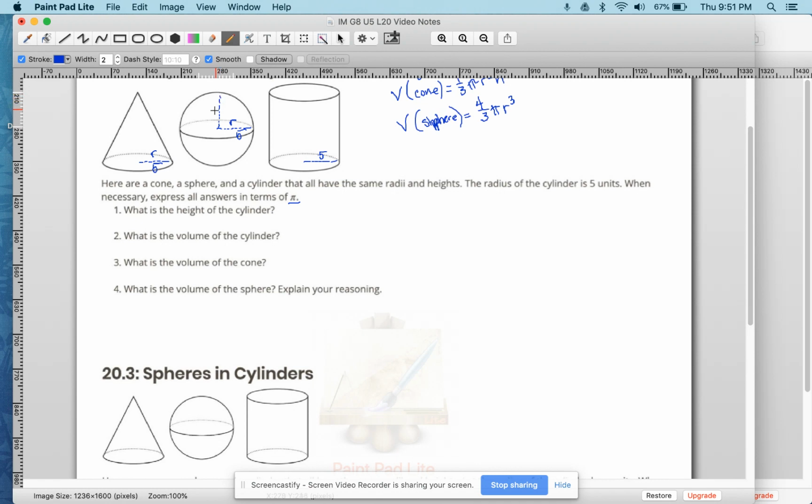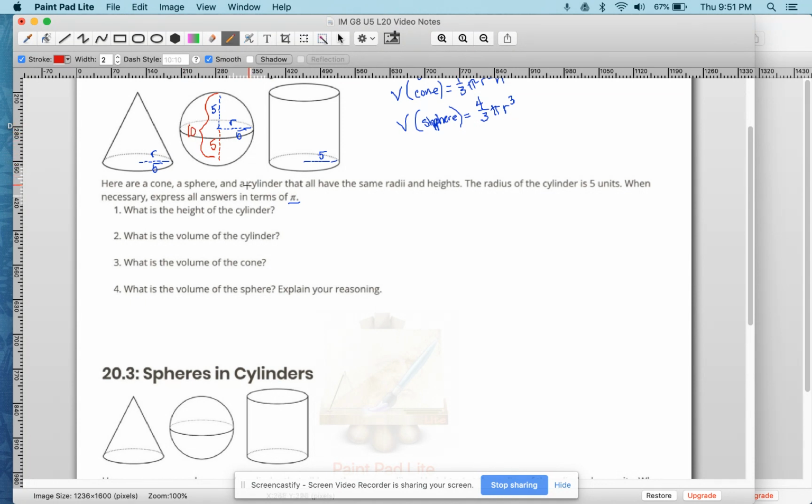So if the radius is 5 going this way, it's also 5 going this way, which also means, I'm going to switch colors here on you, that the radius is also 5 going this way. So with that information, we know what the height of the sphere is, which is 5 here and 5 there. So the overall height is 10.